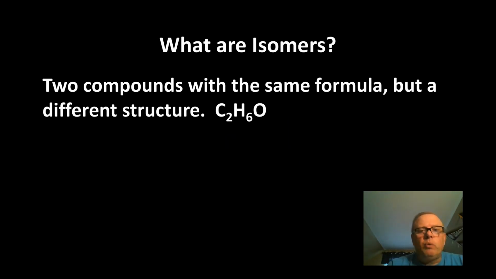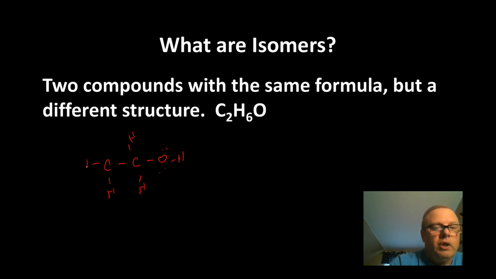Okay, we're also going to see a ton of isomers. Isomers are 2 compounds with the same formula but a different structure. C2H6O can come in 2 different forms. We'll chain our carbons together, and again, always chaining the carbons together. And then I'm going to put this oxygen and hydrogen on the end, and I'll make one structure with this formula.